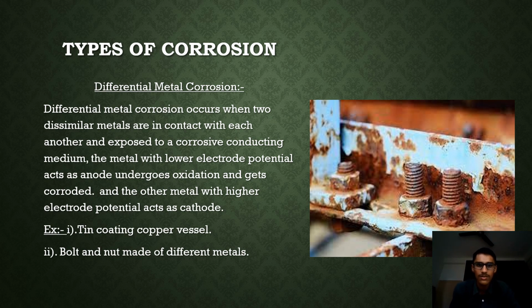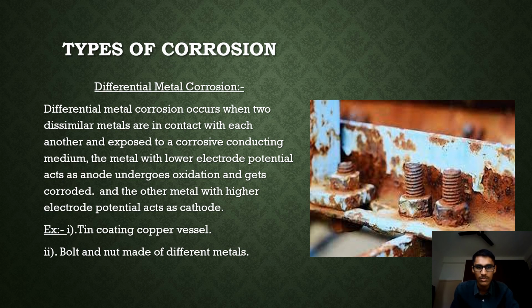Now let's see the types of corrosion. The first type of corrosion is differential metal corrosion. Differential metal corrosion occurs when two dissimilar metals are in contact with each other and exposed to a corrosive conducting medium. The metal with lower electrode potential acts as anode and undergoes oxidation and gets corroded, and the metal with higher electrode potential acts as cathode.